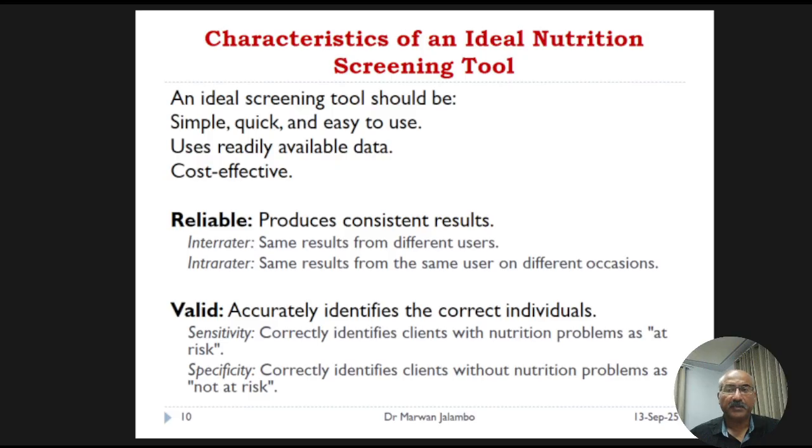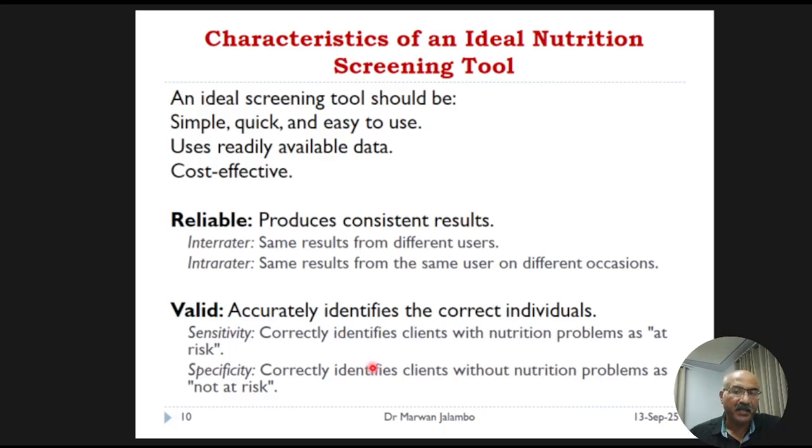Inter-rater reliability means different people get the same result, while intra-rater reliability means the same person gets the same result on different occasions. So this is reliability, which means consistency. While validity means accuracy. Validity means accuracy: is the tool measuring what it is supposed to measure?